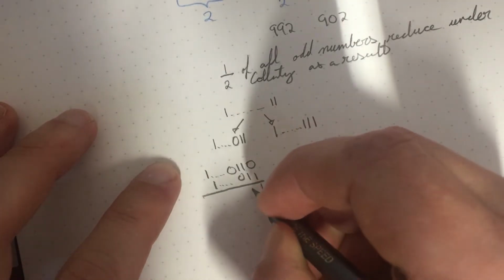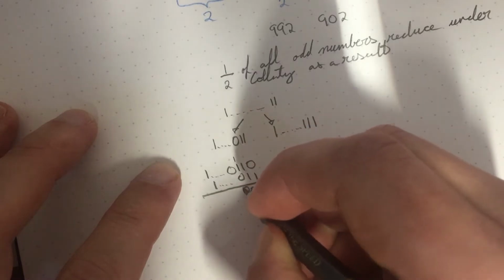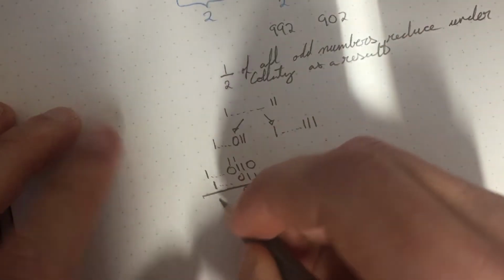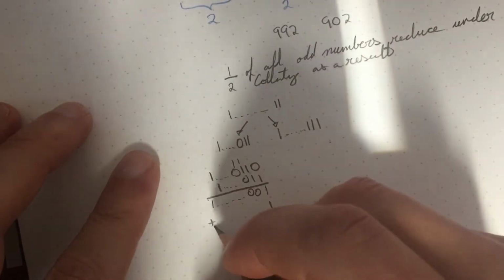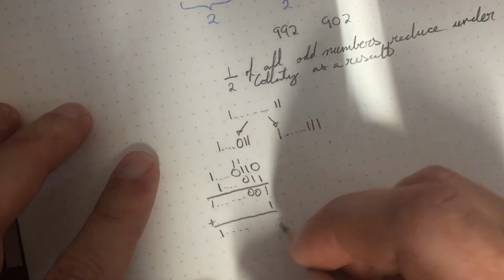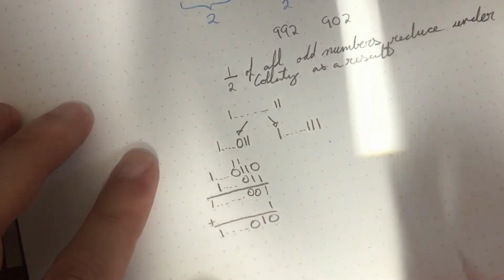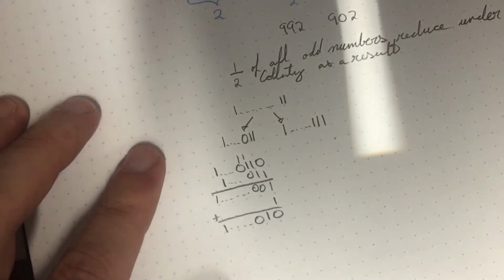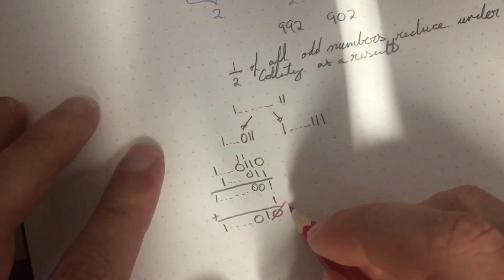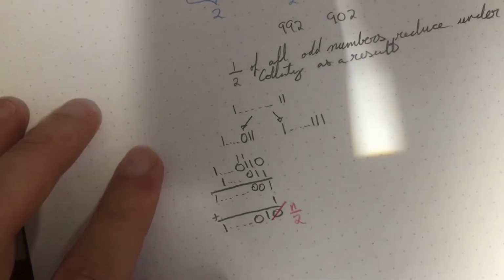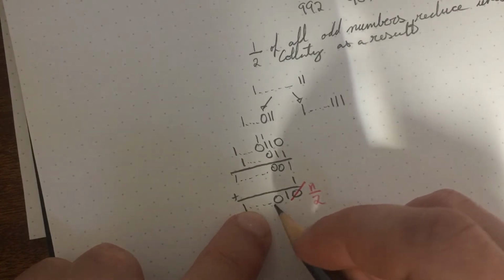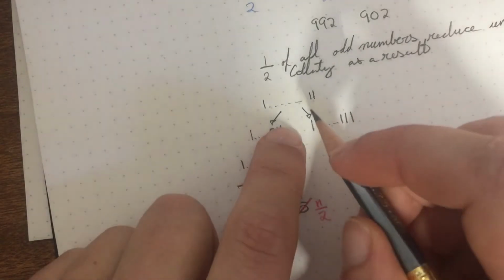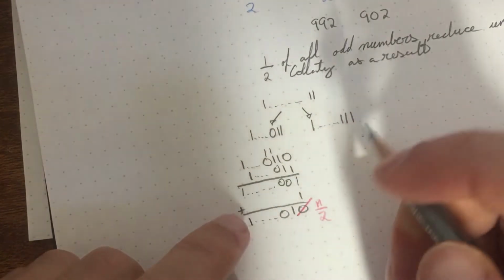So we have 1, 0, 1, 0, 1, and then a bunch of other stuff happens, and I don't know what happens up at front. Don't really care. I'm going to add my 1, and then I'm going to have a number with the following pattern. So again, strike off with the n over 2 step under Collatz, and then I got this pattern. So we're back to here, which means that half of these numbers reduce.